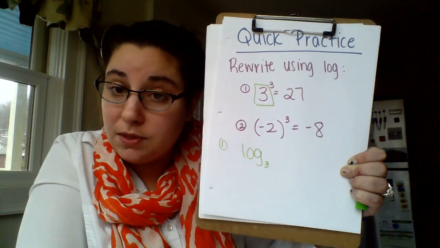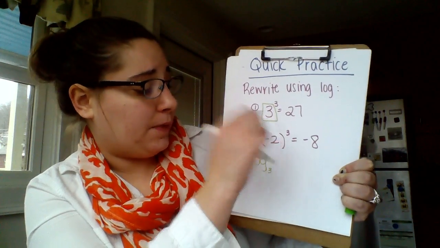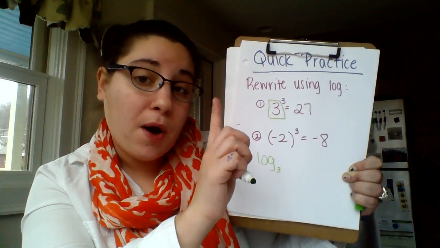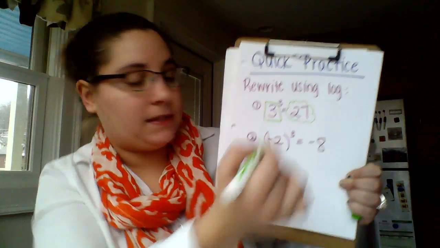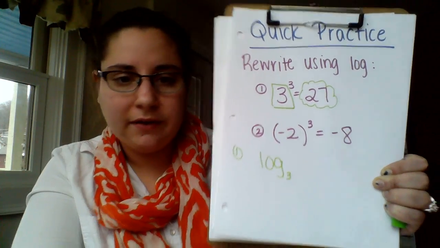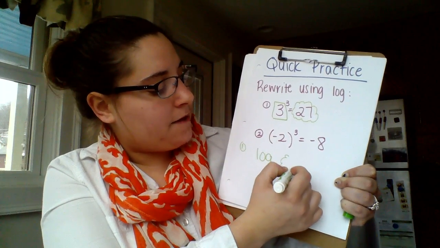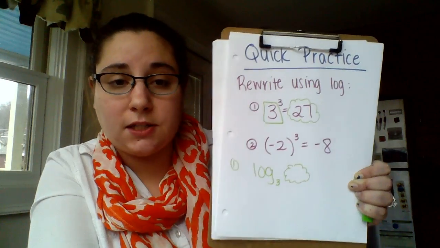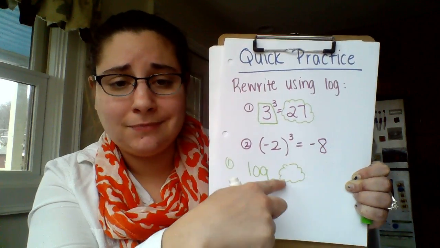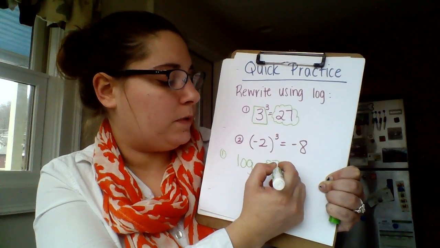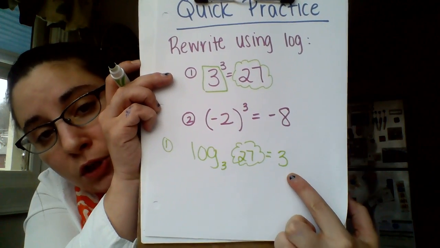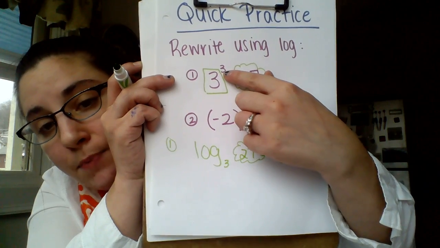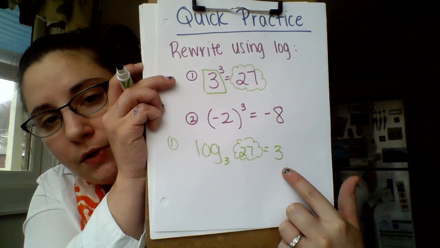It's a subscript. So we have 3, and now here's the part that's tricky. The answer on this side, the cloud guy, goes on the left-hand side of your equation next to the log. So cloud guy, 27. And then the only number left, what was your exponent, is now your answer.